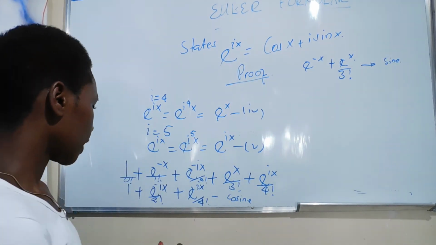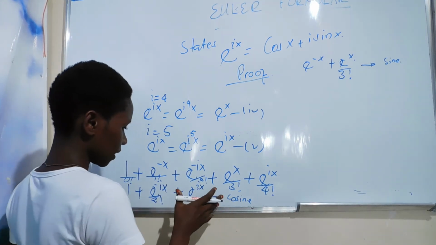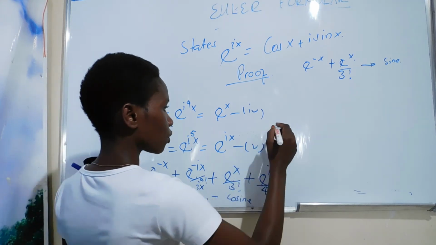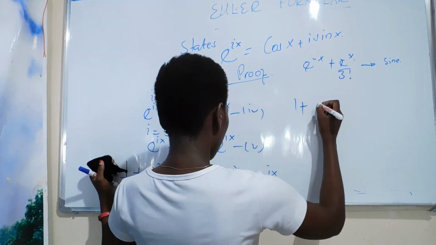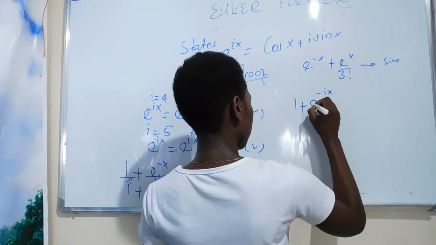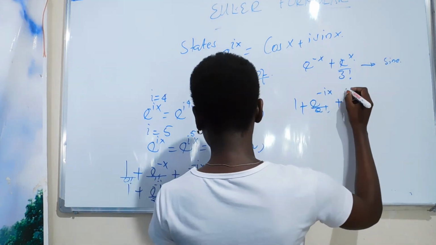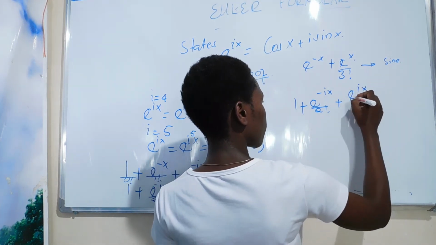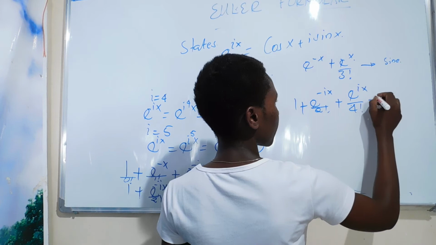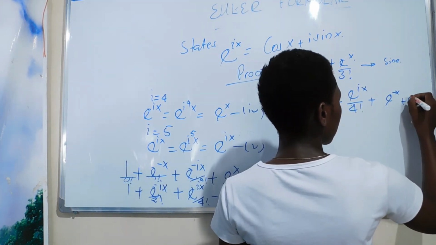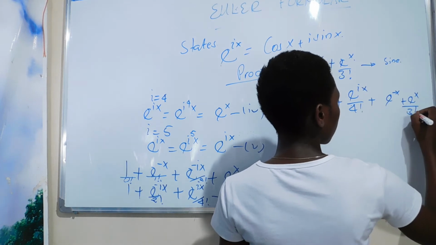So if I put this series and this one together, adding them in this form, I'm going to get 1 plus e^{-ix} over 2 factorial plus e^{ix} over 4 factorial plus this one e^{-x} plus e^{x} over 3 factorial.